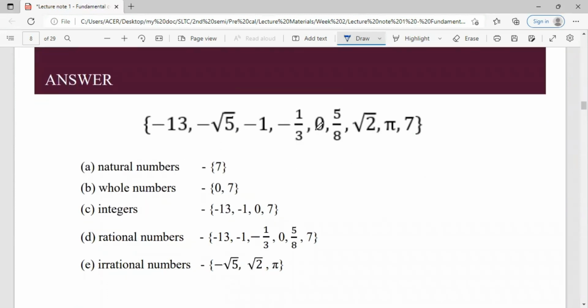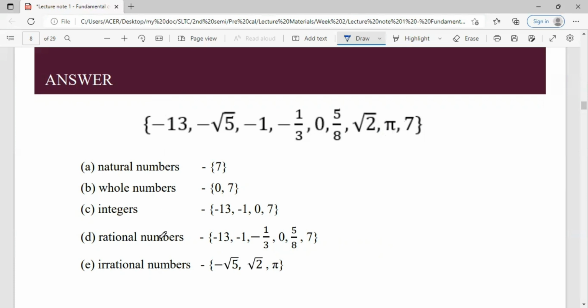Whole numbers mean 0 and 7. Then integers, positive or negative whole numbers. So here whole numbers include only positive integers. Integers, positive or negative whole numbers, right? So minus 13 and minus 1, 0 and 7, right?